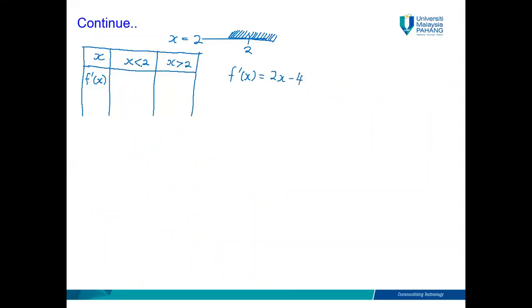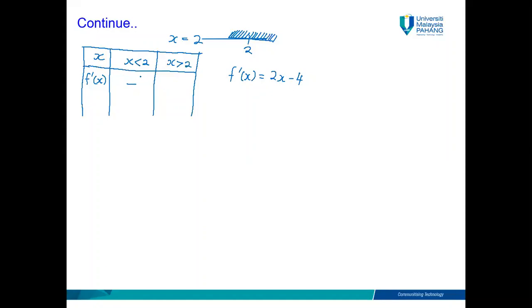You have x less than 2. The easiest is for you to take x is equal to 0. Why? Because it is easiest. 2 times 0 is 0. So minus 4 is negative. So here you get negative.